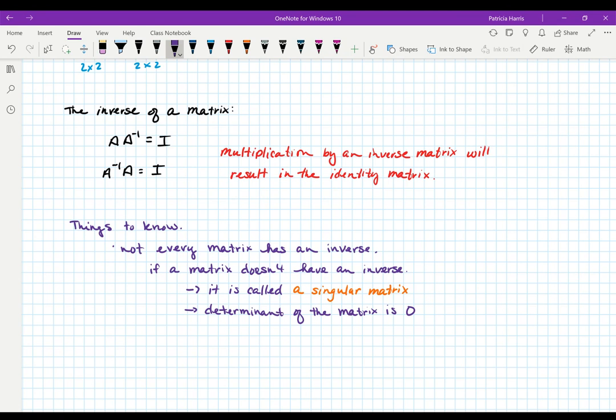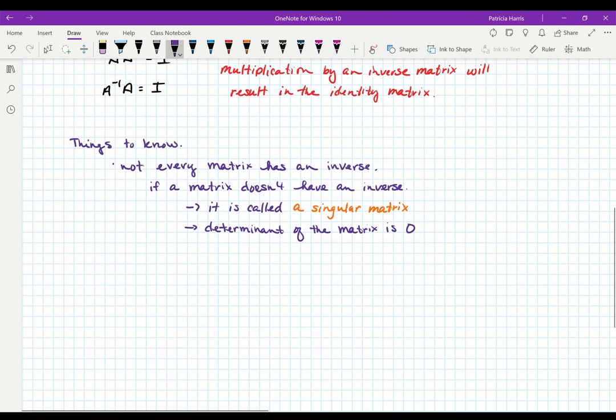Okay? All right. Another thing to know is to have an inverse, a matrix must be square.